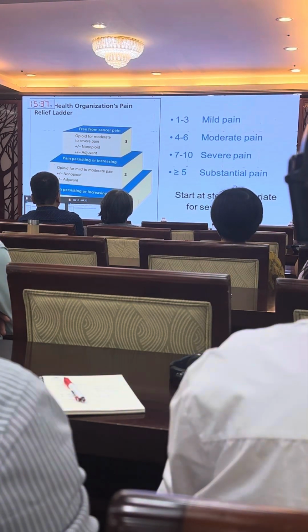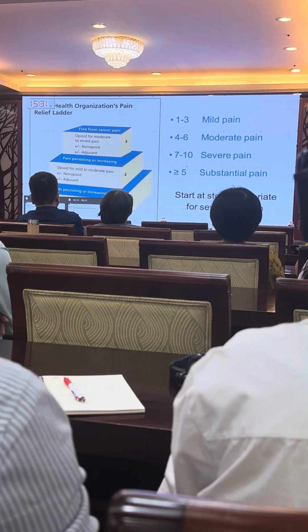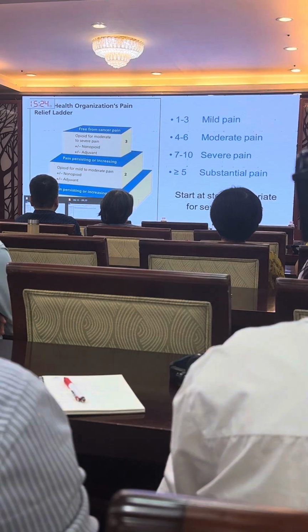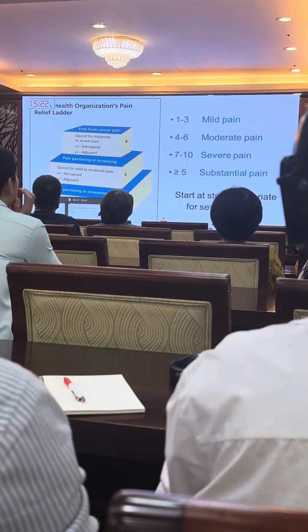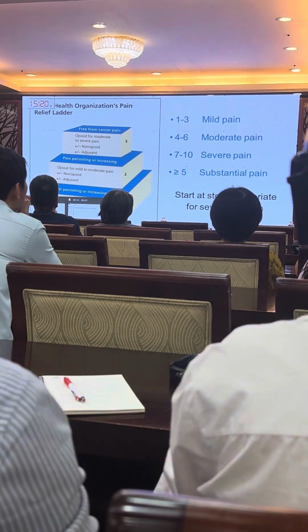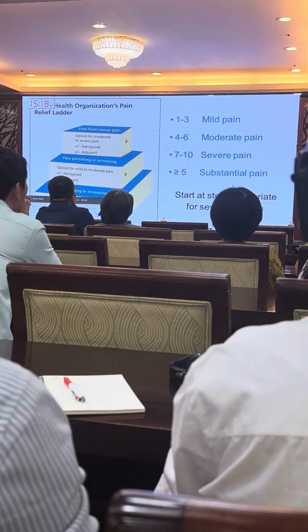So when we start the treatment, we start at the appropriate step for the severity of pain. If a patient comes with a pain intensity of 8 out of 10, we start at the final step or the third step. We don't do the titration from the first step.